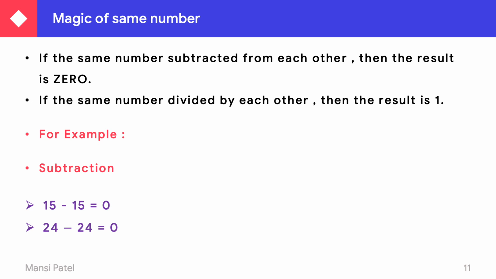So in subtraction, if we subtract the same number from each other, the result is 0. Now in division, if we divide the same number by each other, 24 divided by 24, then the answer is 1. 15 divided by 15, the answer is 1.